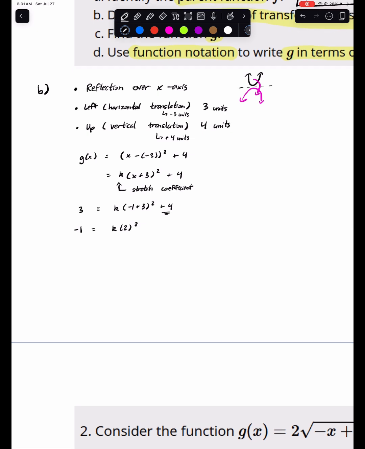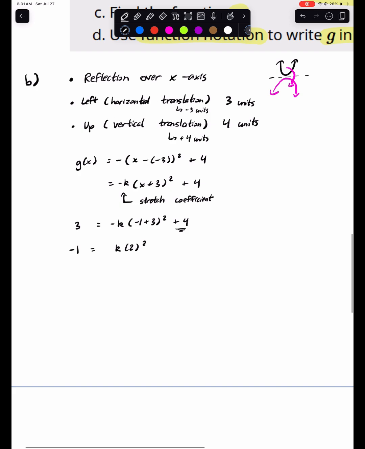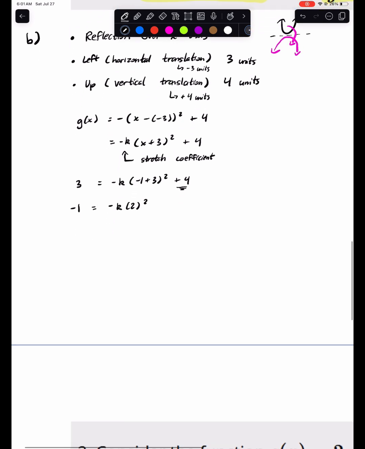Actually, let me do something real quick. Because of this reflection over the x-axis, there's a negative right here, so it should be negative k. Negative 1/4 equals negative k. So k equals 1/4.